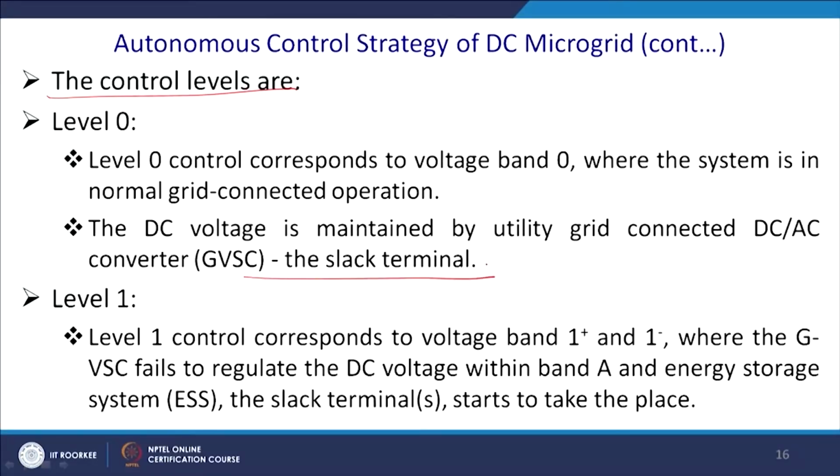And level 1, when you have energy surplus, it controls the corresponding voltage in the +1 band or -1 band, where the grid fails to regulate the DC bus within band A, and the energy storage ESS, the slack bus, starts taking the responsibility of maintaining the DC bus.